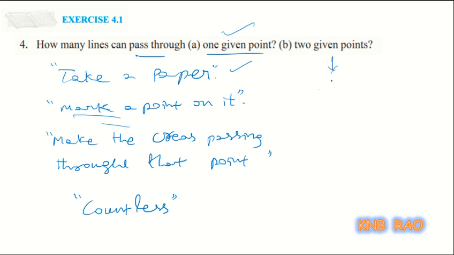Yes, you could do only one and only one. So, that is the answer. Through a point we can draw countless number of lines. Through 2 given points on a paper we can draw one and only one line. So, this is the answer. Now, coming to the question number 5.